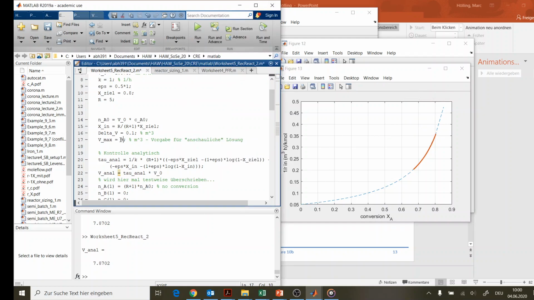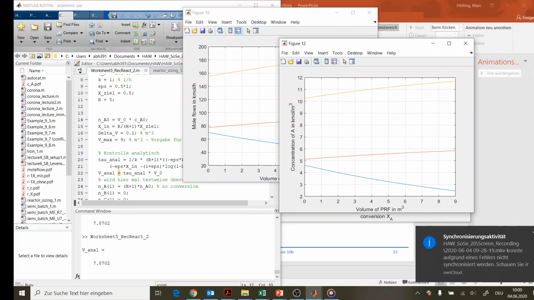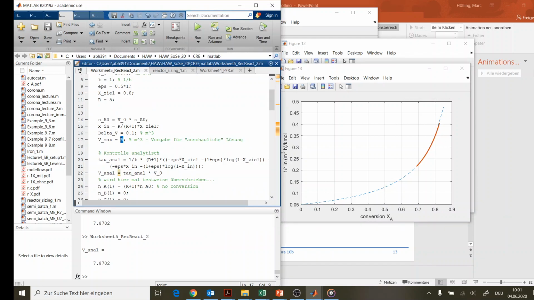Okay, to make it more obvious, let's go for 9. So here you can see it more clearly. If you go for a volume of 9 cubic meters, then you will have a conversion of 82%.